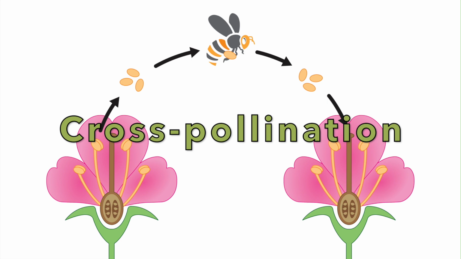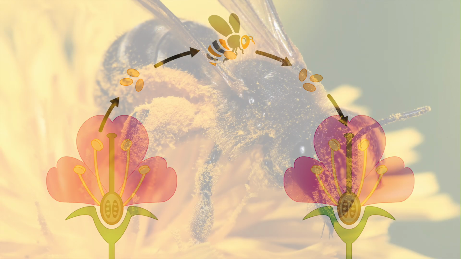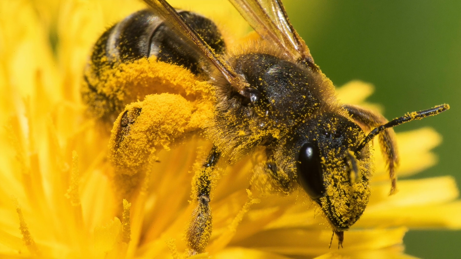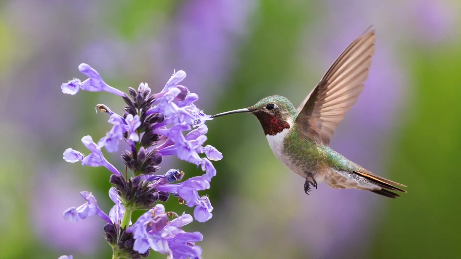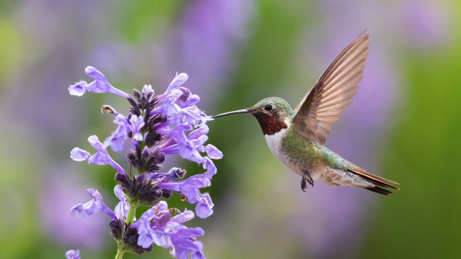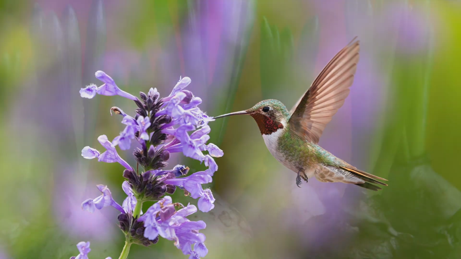Cross-pollination occurs when pollen from an anther of one flower is transferred to another flower of the same species, but on a separate plant. Bees are the most common pollinators. Others include various insects, bats, and hummingbirds that can distinguish flowers based on petal color, size, and fragrance.